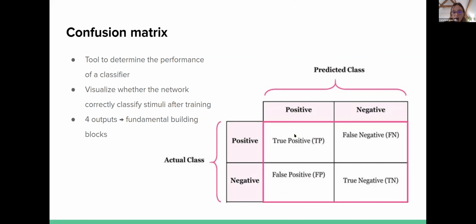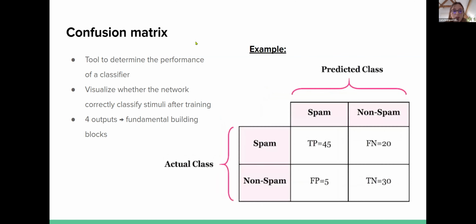Here you can see the fundamental building blocks of a confusion matrix. So these 4 outputs: true positive, false positive, false negative, and true negative. To explain them, we have a little example. Here we have a network that classifies emails as spam or non-spam. A true positive would mean that a spam was classified as a spam.